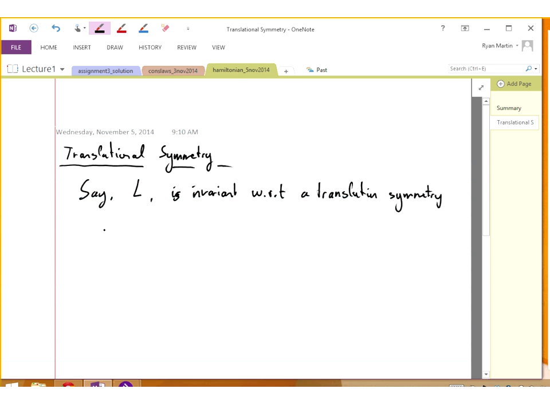What I mean is that you can define new variables Qi primed equal to Qi plus Fi delta epsilon.